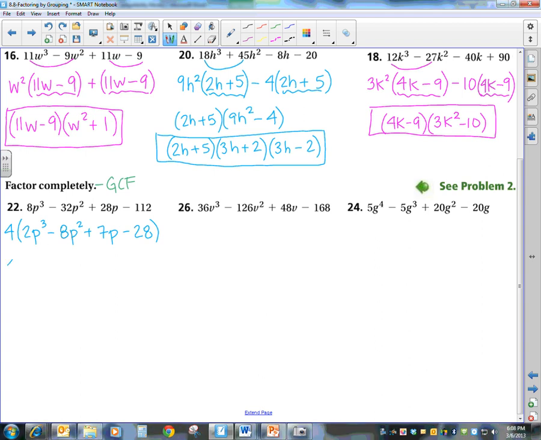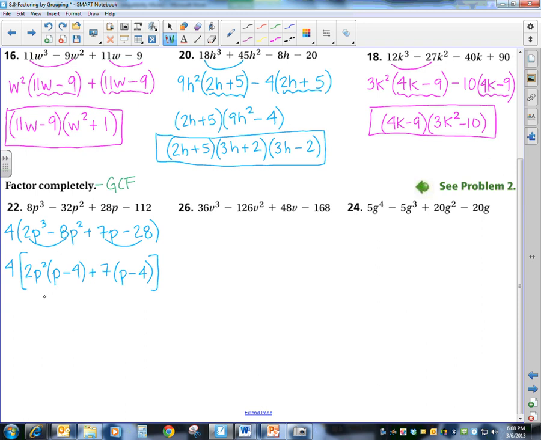Okay, and this is the one where we carried it down. We have to carry that 4 down, but I'm putting brackets now for this outside, and I'm going to look at the two pairs inside. And what's common with these two looks like 2p squared, leaving me with p minus 4. And this has a common 7, again leaving me with p minus 4.